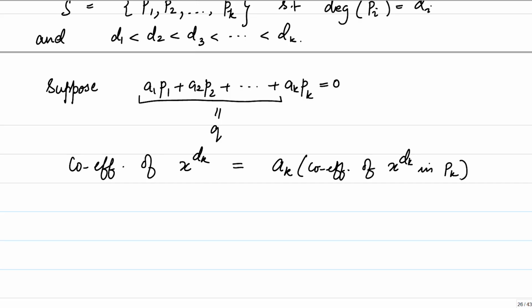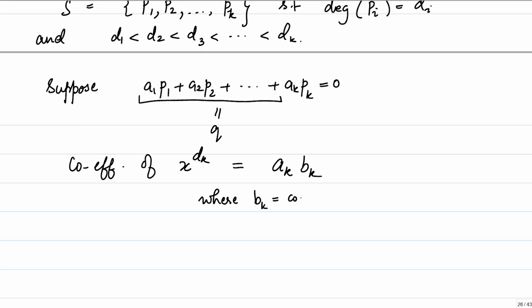So let's call it bk, where bk is equal to the coefficient of x to the power dk in pk of x. But we know that we are looking at this being equal to the 0 polynomial.